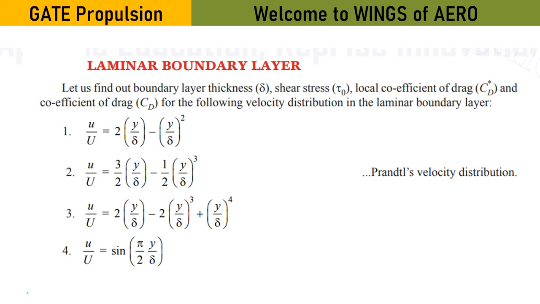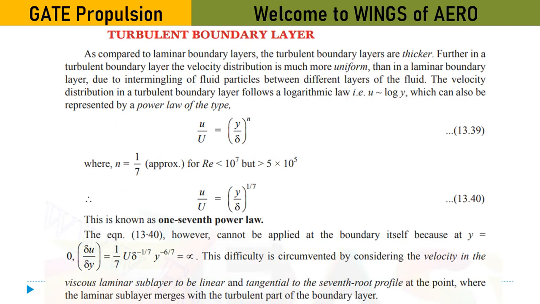This has to undergo turbulence, which means the Reynolds number has to be greater than 10 power 7. All this has been derived, you just need to remember this equation, so you know which one is a turbulent boundary layer and which one is the laminar boundary layer.